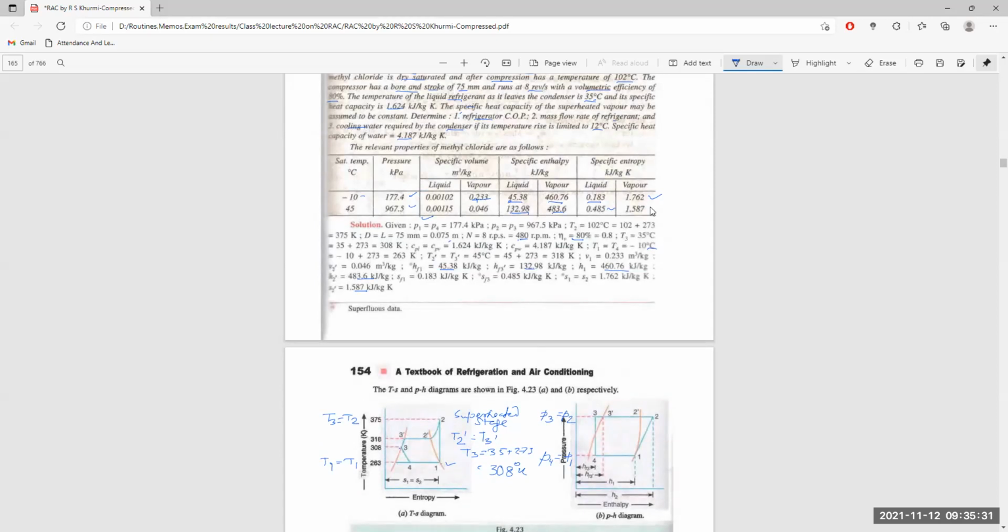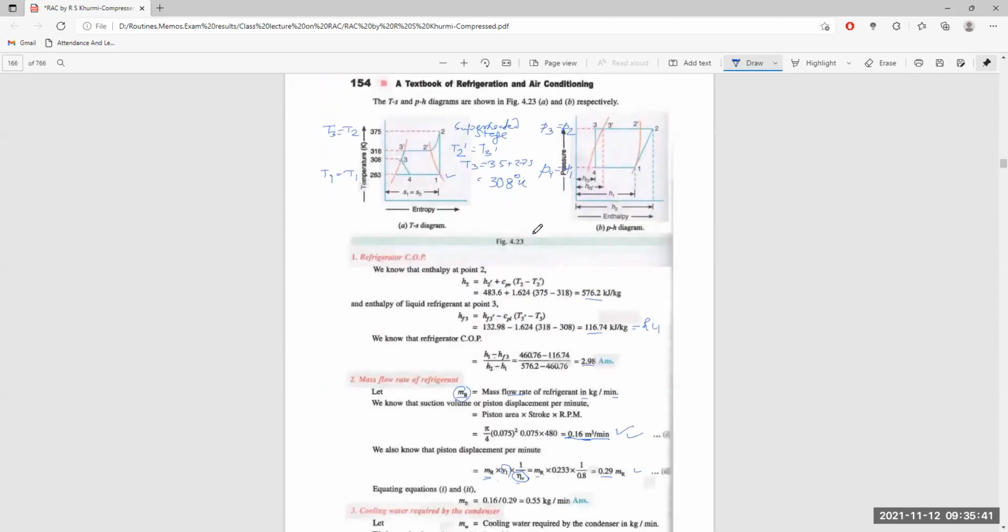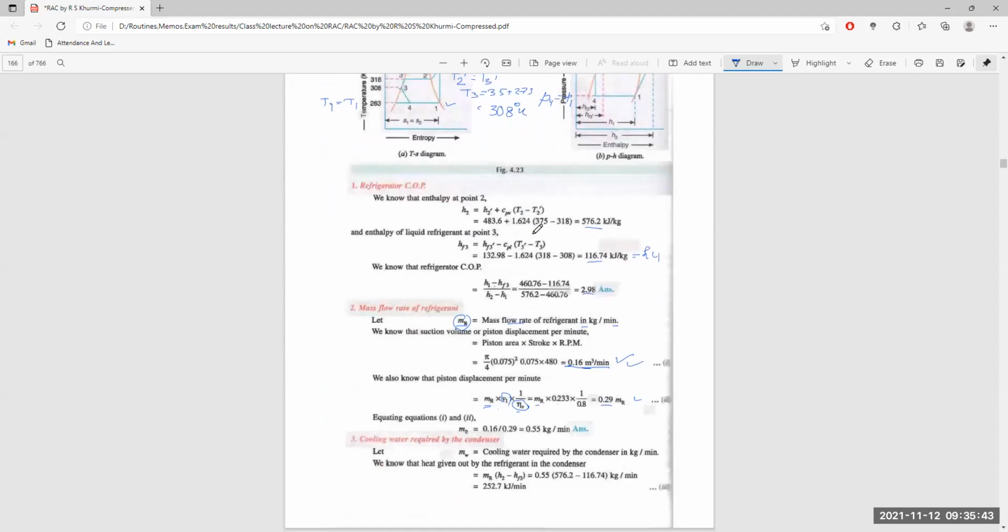So we are multiplying it by the mass flow of refrigerant, mR, and dividing it by the volumetric efficiency of that compressor. Or we can do the same another way. We can multiply this 0.16 by the volumetric efficiency, eta V, and get the result, and equate this with the mass flow rate multiplied by the specific volume at that temperature.